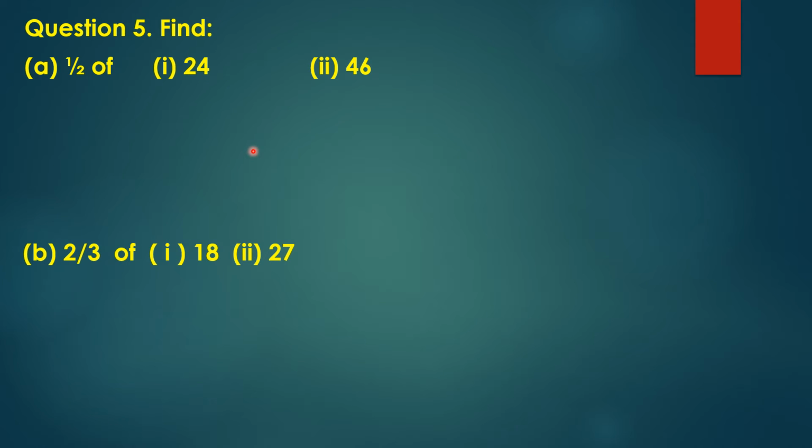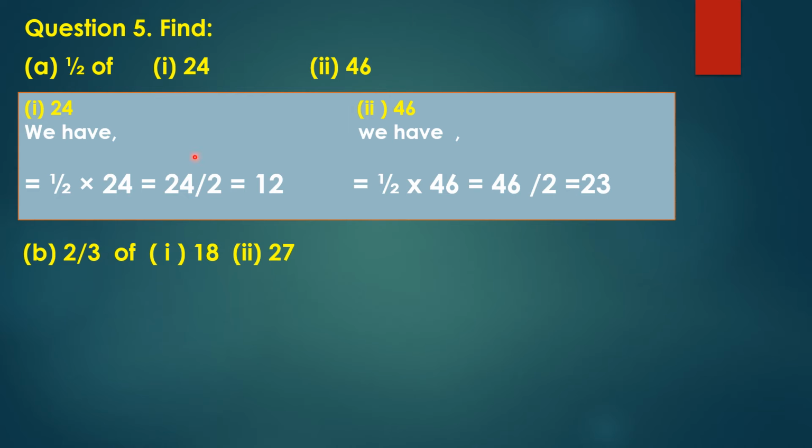Now let us go for question number 5. It says find A, 1 by 2 of 24 and 46, and next B, 2 by 3 of 18 and 27. We'll do one by one. First one, 1 by 2 of 24. Already we know that the meaning of "of" under the multiplication of fractions is nothing but multiply.